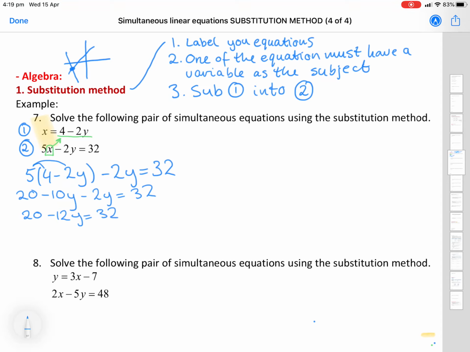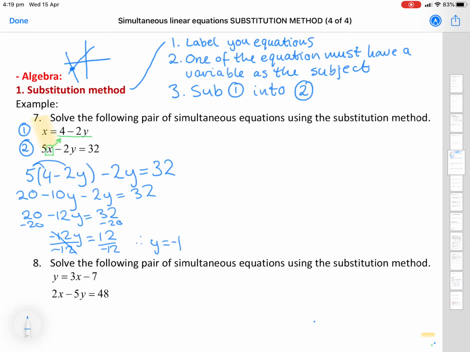We're going to get rid of this 20 because we want to get the y by itself, so we minus 20 on both sides. We have negative 12y equals 12. To find y, we divide by negative 12 on both sides. So y equals 12 divided by negative 12, which is negative 1.